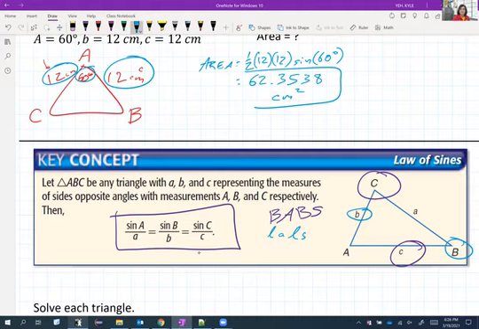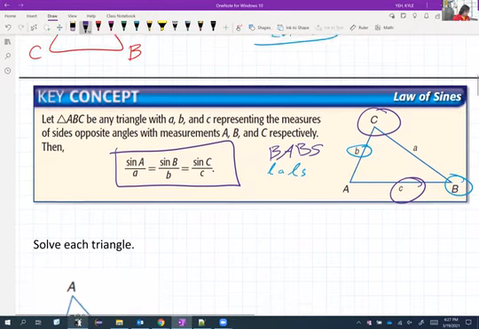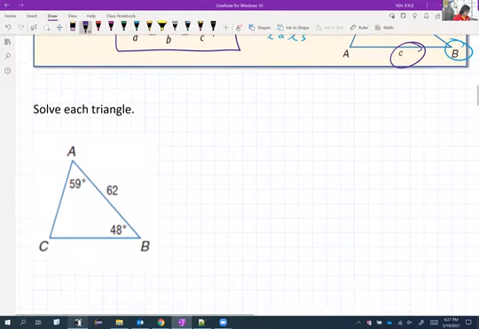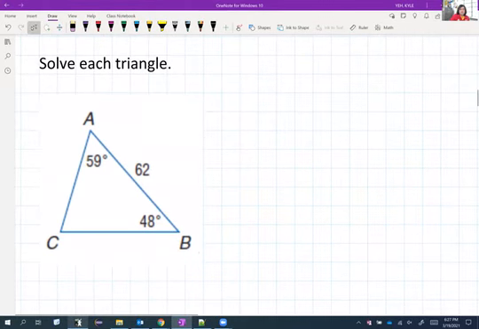LOLs. BABs and LOLs. So this is what is being formalized by this triple equation here. Sine of A over A is equal to sine of B over B is equal to sine of C over C. There's a relationship. The bigger the angle, the longer the side across from it. So we're going to use that to solve some triangles.